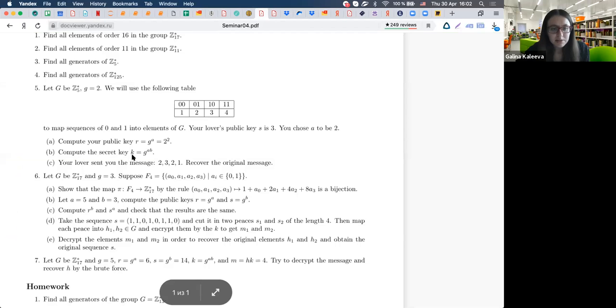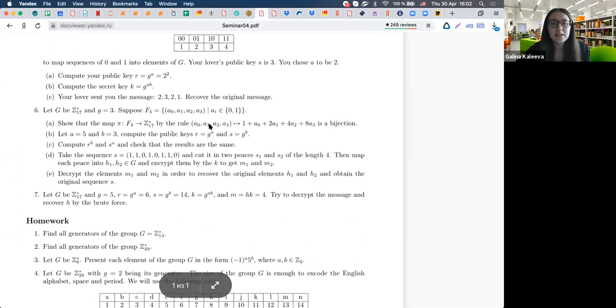We computed the secret key. We know the message 2321, and we want to recover the original message. Let me write it down. 2321.